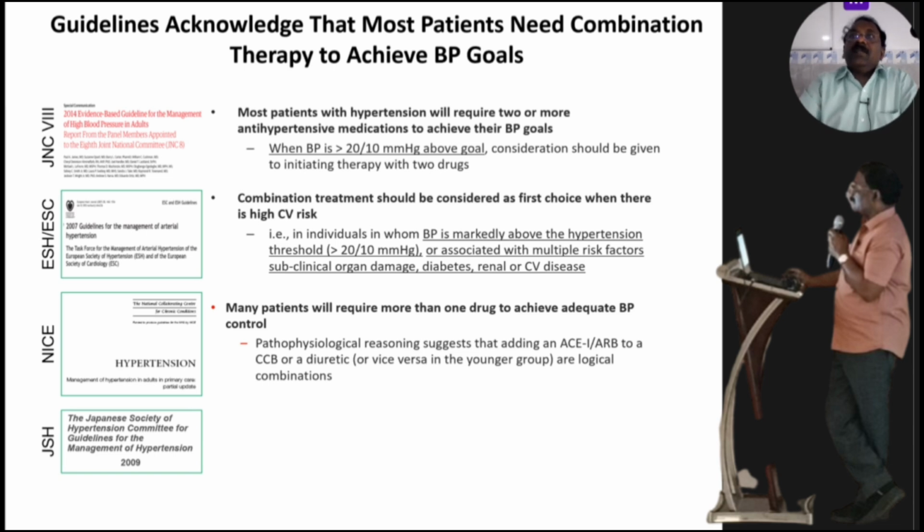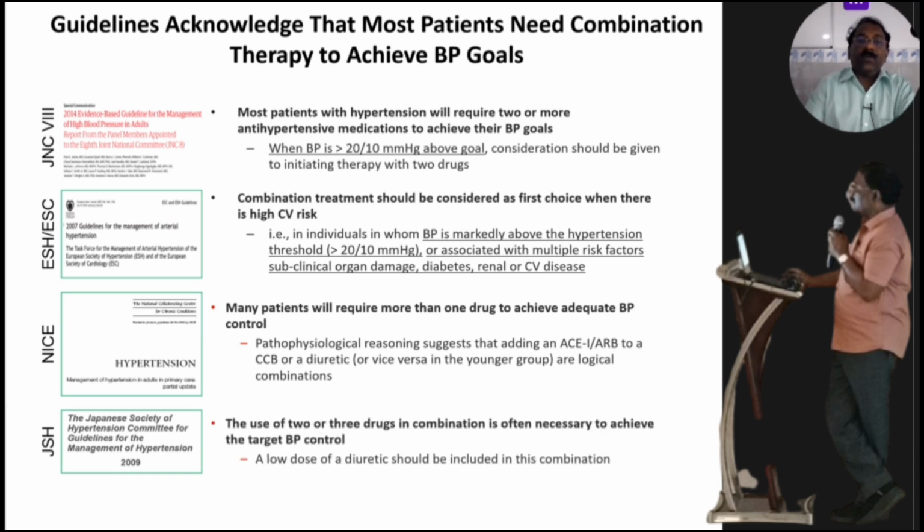So any international agencies or groups, they say that combination drug therapy is very, very important in the management of hypertension. No more monotherapy. The use of 2 or 3 drugs in combination is often necessary to achieve the target BP control.